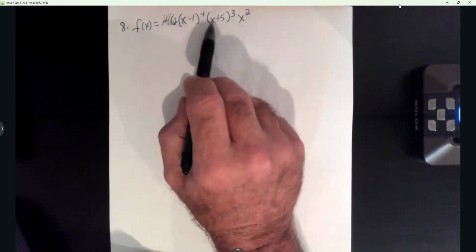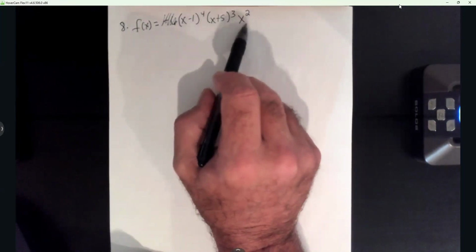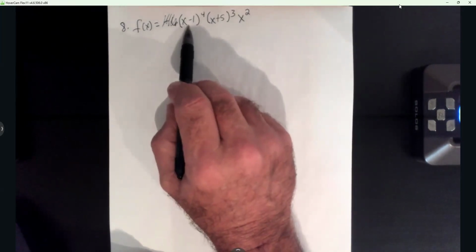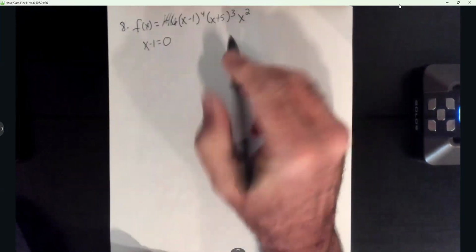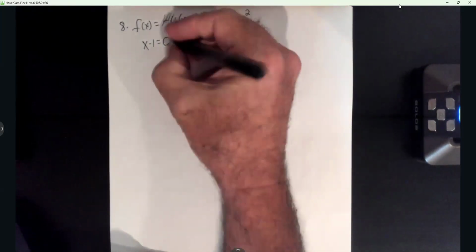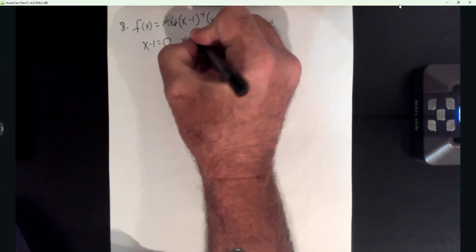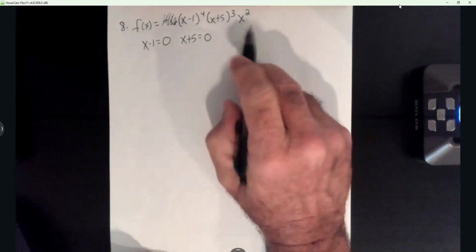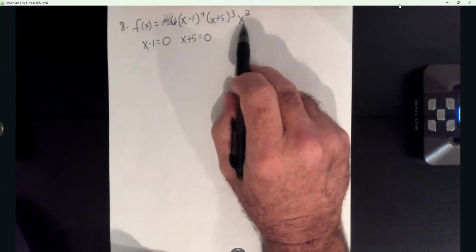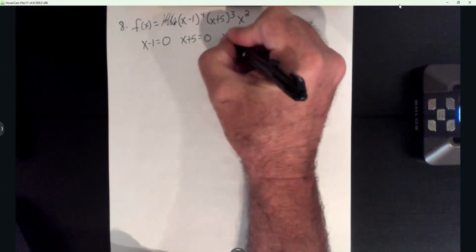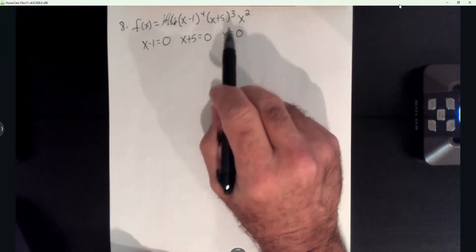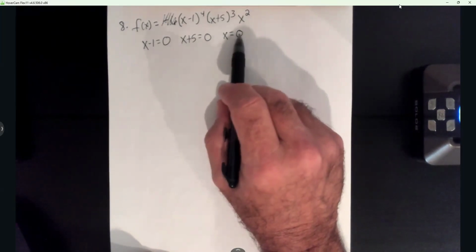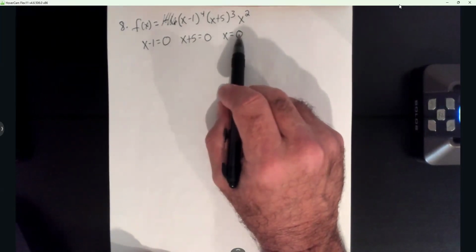I've got 3 factors. I'm looking at the variables, okay? So I'm going to set x minus 1 equal to 0. I'm going to set x plus 5 equal to 0. And then here, a single term, I'm going to set that x equal to 0. So once again, the single x is a 0 of 0, okay?